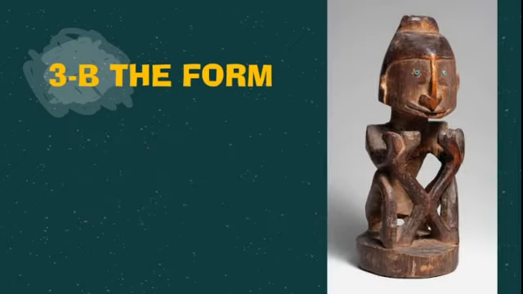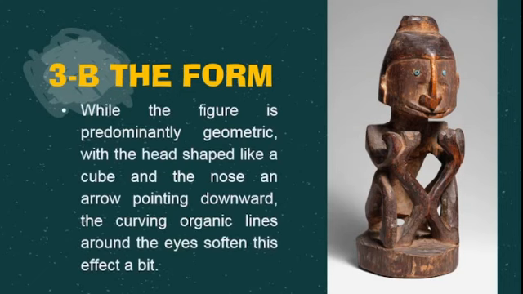So this is it, the small korwar. While the figure is predominantly geometric, with the head shaped like a cube and the nose an arrow pointing downward, the curving organic lines around the eyes soften this effect a bit.